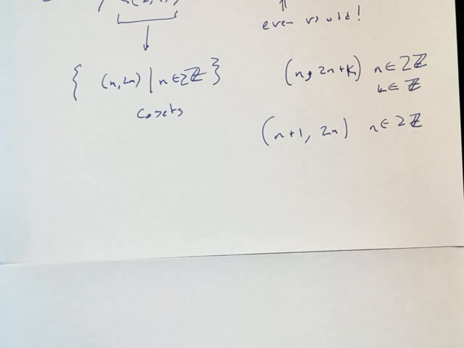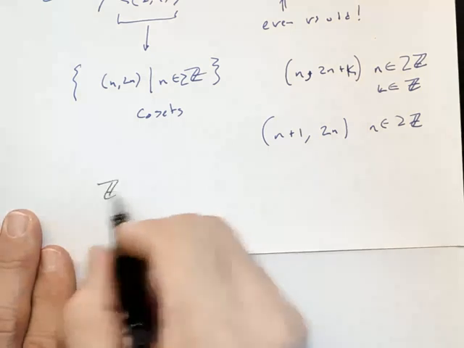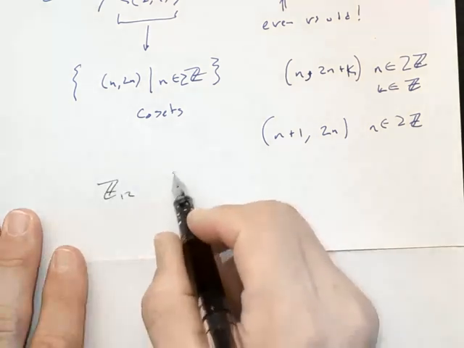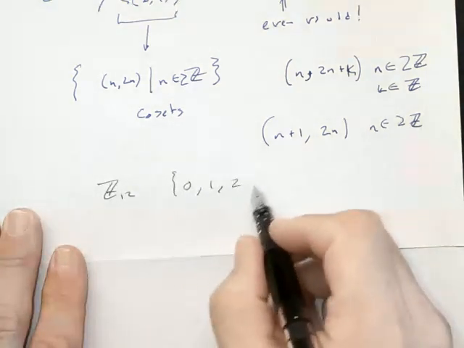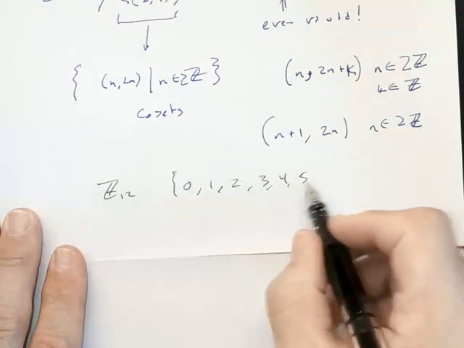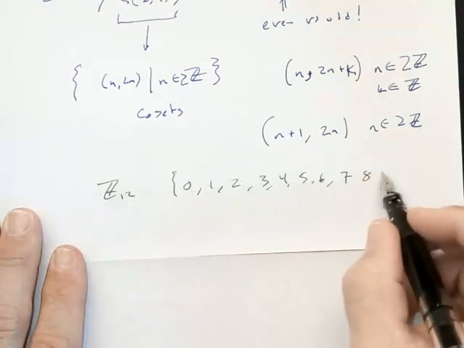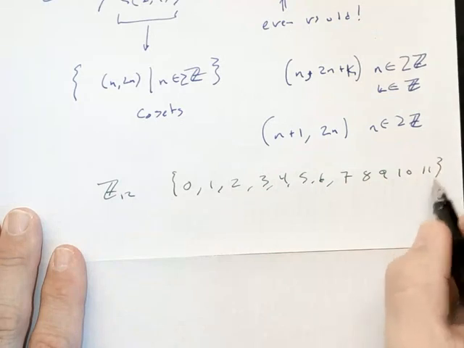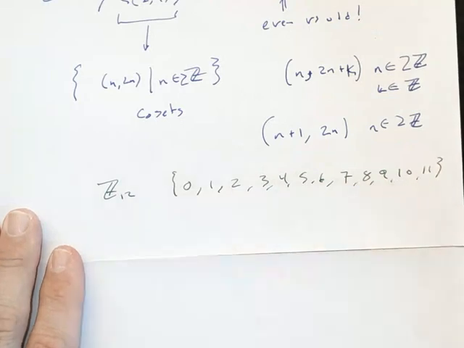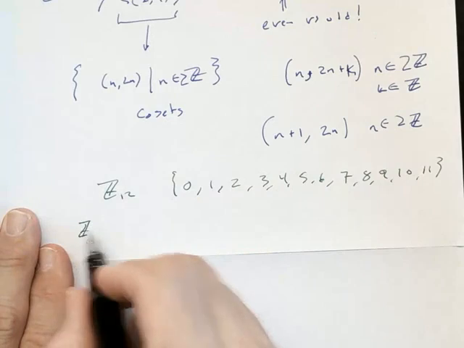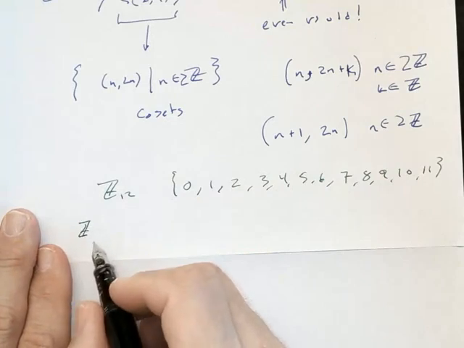Kind of a strange statement, but let me write it out. It might be easier. If I think of Z12 as the numbers from 0 to 11, and I think of Z4 times Z3.